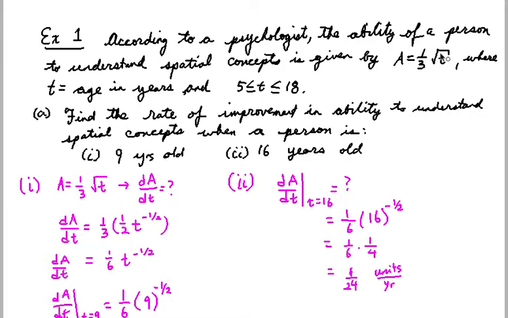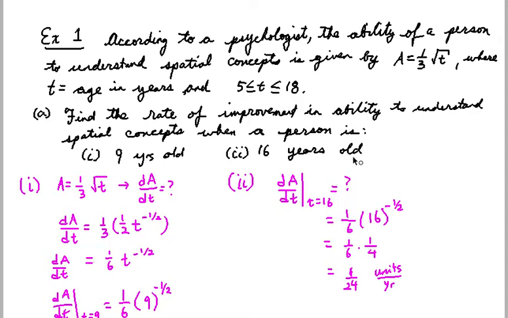What can we do with this information? Also, let's say that t is age in years and is between 5 and 18. So we're only looking at the age group between 5 years old and 18 years old. Given this model, find the rate of improvement in ability to understand spatial concepts when a person is 9 years old and when a person is 16 years old.